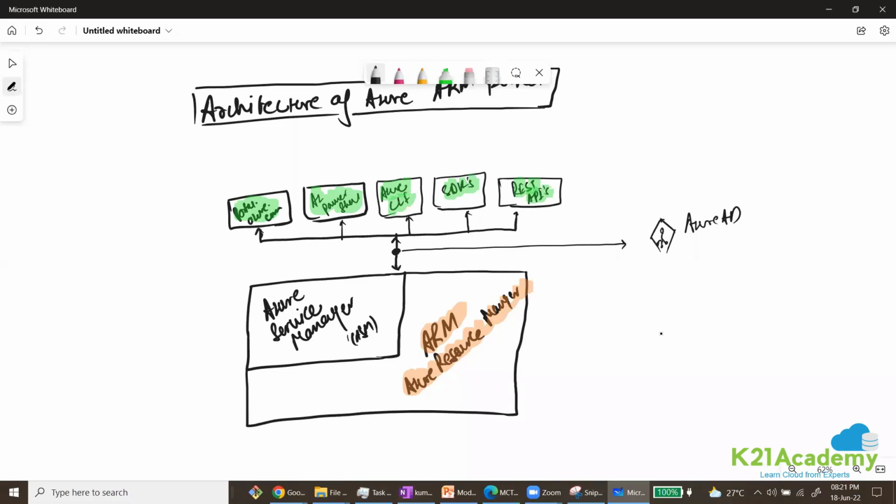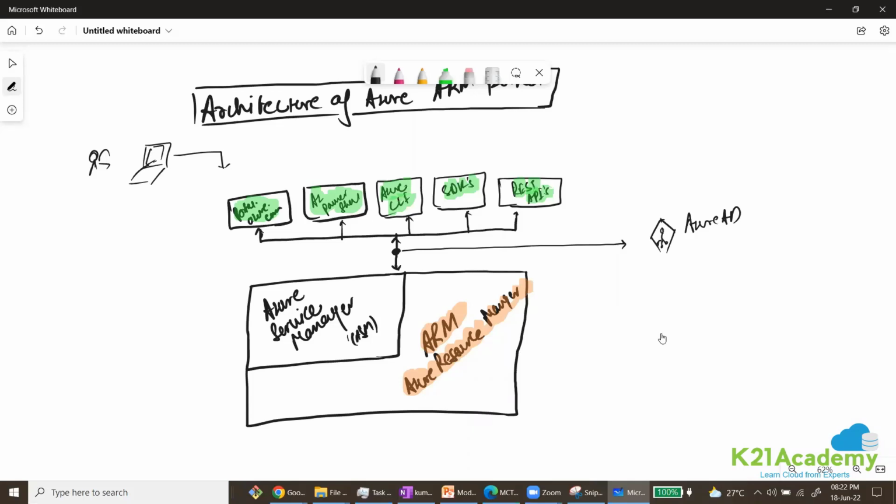Once that authentication is done, you will be authorized with whatever level of access you must have in order to work on this Azure Resource Manager portal, which will be decided by the administrators. So you'll be using your laptop in order to communicate with the Azure portal or ARM portal, let's say, by using any one of these options. Okay, so this is what is there.